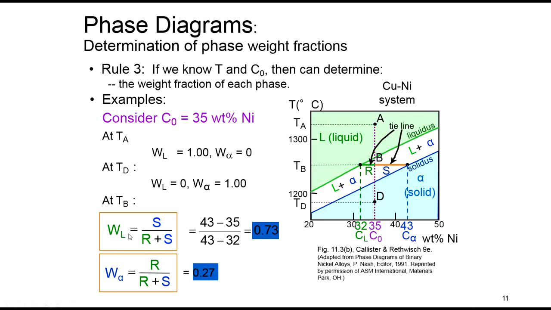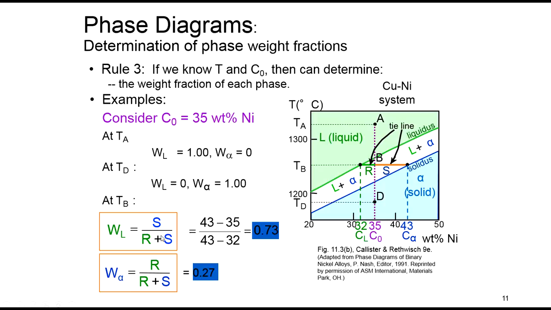Of course, if we are dealing with this point exactly here, the weight fraction of liquid should be 100% liquid, 0% alpha. If you go to the right, the weight fraction for liquid should be 0 and the weight fraction for alpha should be 1. In the middle, of course, we have to find this relation.